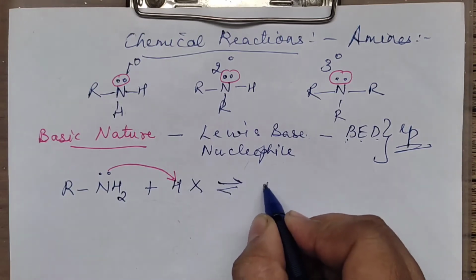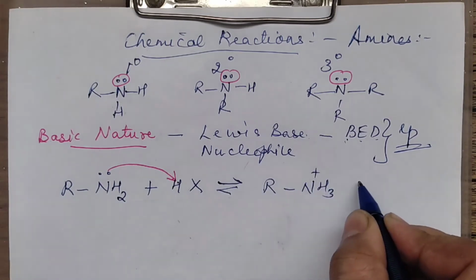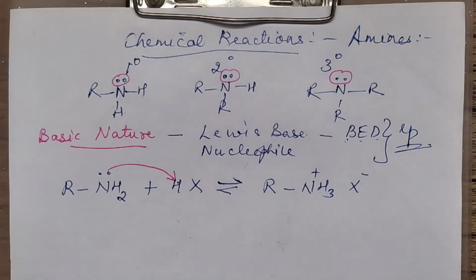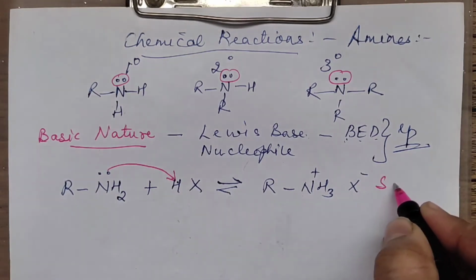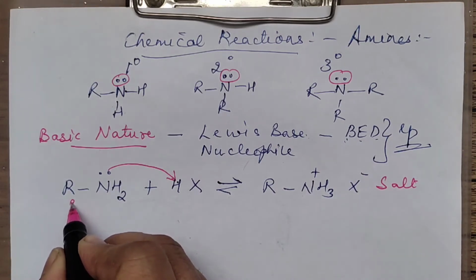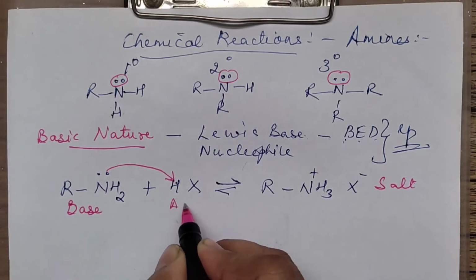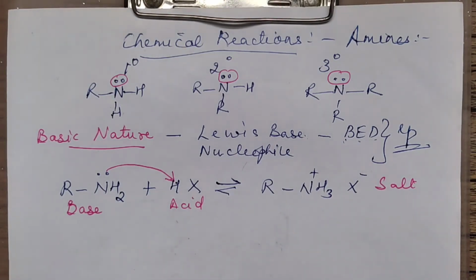This would be a reversible reaction, giving RNH3 plus and X minus. That means you are getting a salt. So in this, the 1 degree amine is acting as a base. This is acting as an acid, and acid and base are reacting to form salt.